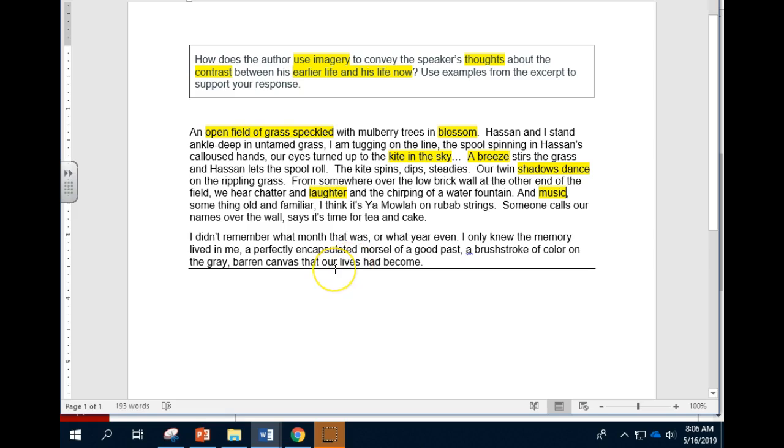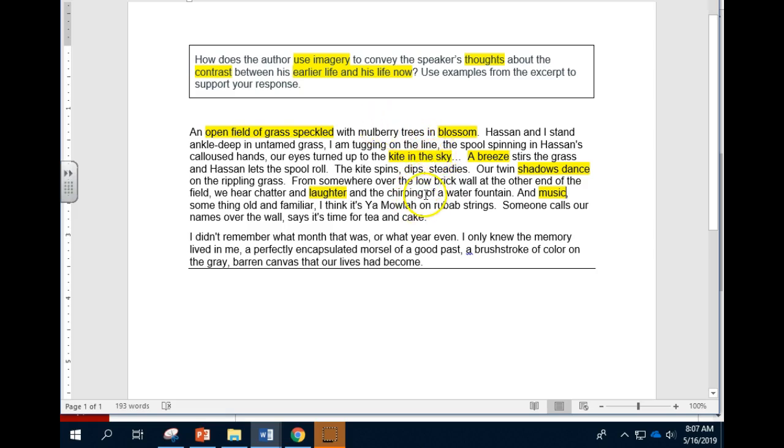Now let's read this second paragraph together. "I didn't remember what month that was or what year even. I only knew the memory lived in me, a perfectly encapsulated morsel of a good past." So this encapsulated morsel of a good past is referring back to this stuff.